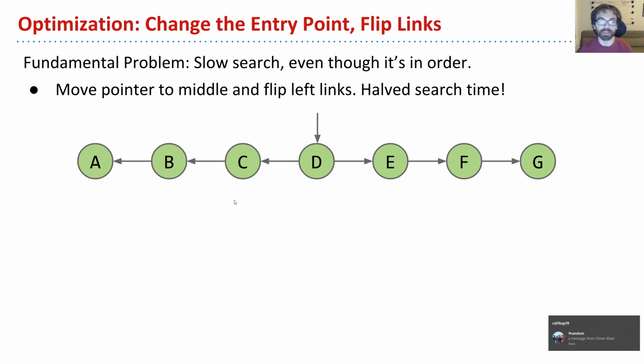And now what we've done is we've actually halved our search time on average. So if I want to find an item, like say G, instead of having to go through the entire list, we start at D, and at this point, we know which way to go. Because it is in order, we know that G is going to be off to the right, because G is greater than D. So we'll run off to G, and we get the answer in half the time.